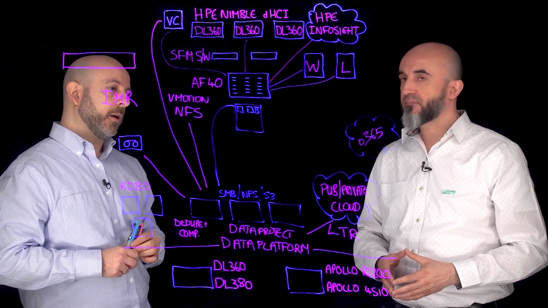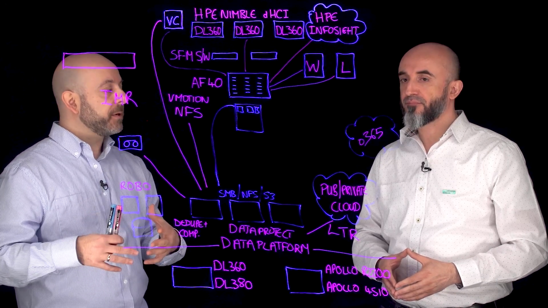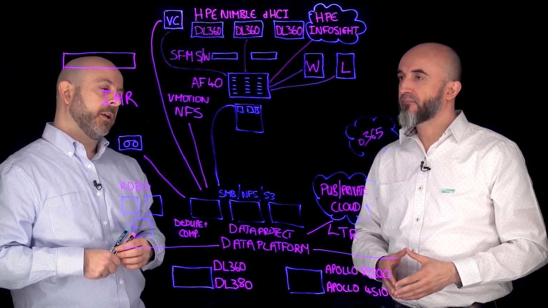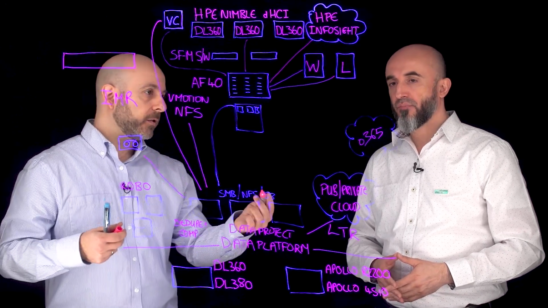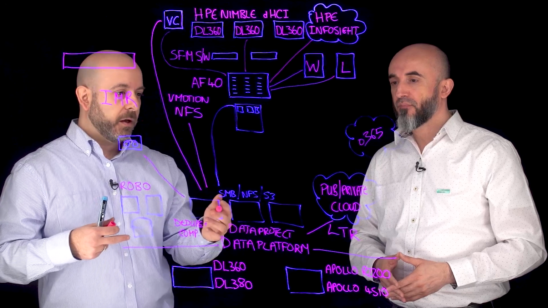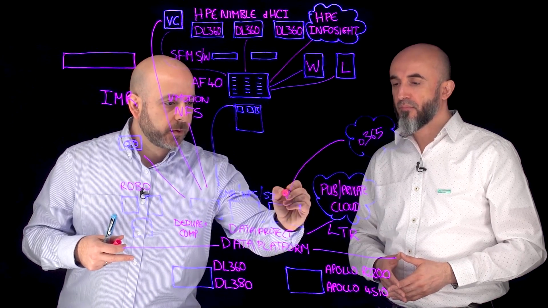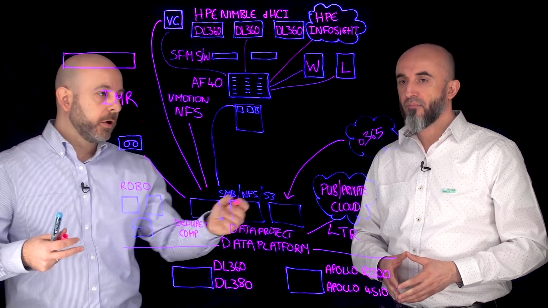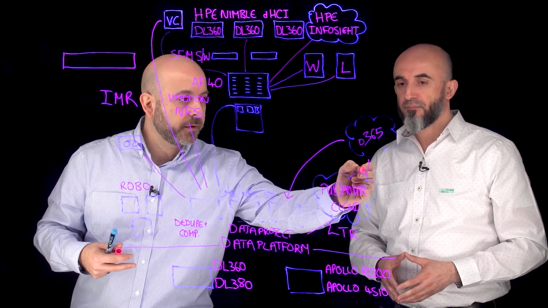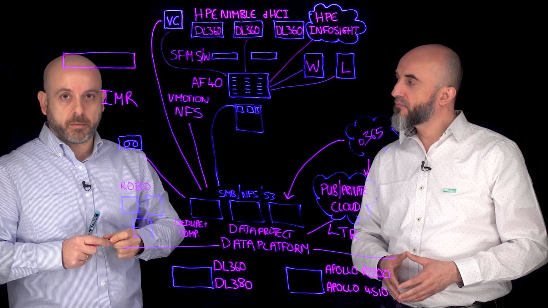Sure. So you're absolutely right. With Office 365, not a lot of people know that, but you get very limited ability to recover data. So a lot of customers are waking up to this, and we can protect Office 365 natively either by backing data up from the cloud into the data platform that might be sitting in a data center, or we can back up the data to Cohesity that might be functioning in a public cloud.